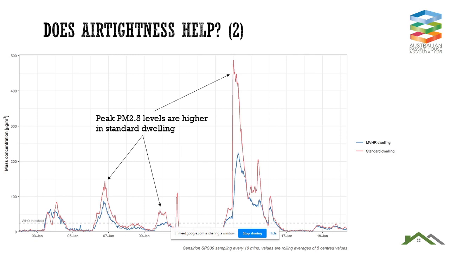And again, you can see particularly on that peak to the right that the standard dwelling has had PM2.5 concentrations well beyond 400, which is extraordinary, as opposed to the passive house or mechanically ventilated dwelling at around 200. So it's more than half the peak particulate matter concentrations, and that's consistent across the peaks that you can see there. So there is a somewhat good news story here.